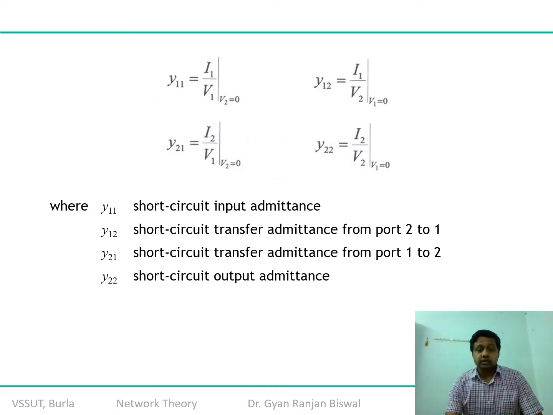So to check whether the given network is symmetric in nature or not, what you need to do is calculate whether the input admittance parameter Y11 is equal to Y22 or not.